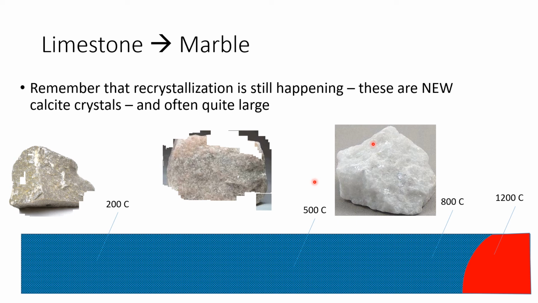Now notice that especially in the case of the marbles and the quartzites, we have a non-foliated rock here. When we talk about classifications of rocks, we'll talk about foliated versus non-foliated. These are all non-foliated. Now, in the case of a limestone to a marble, there's really no way to foliate calcite. With our aluminosilicates, though, those could have been very, very well aligned. And in the case of contact metamorphism, they're often not.